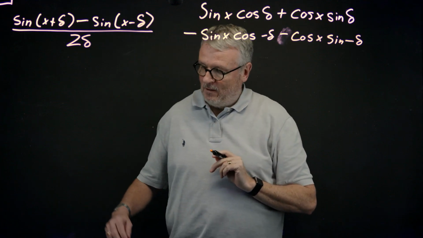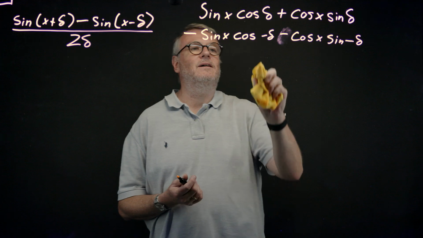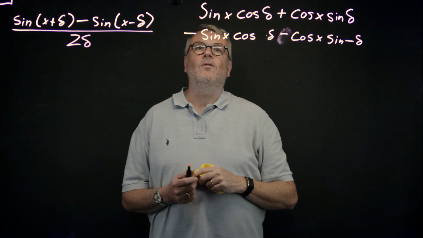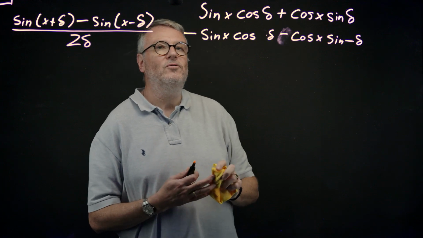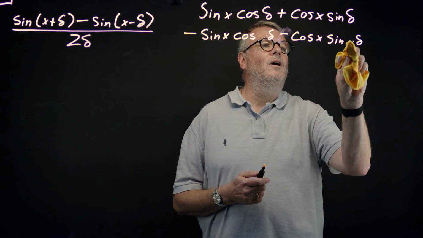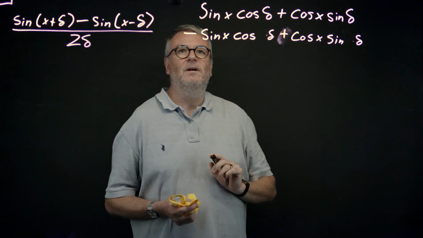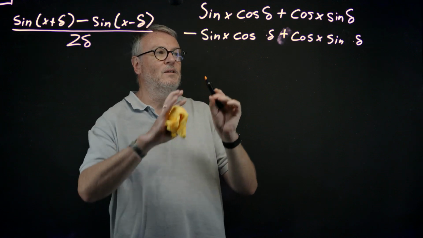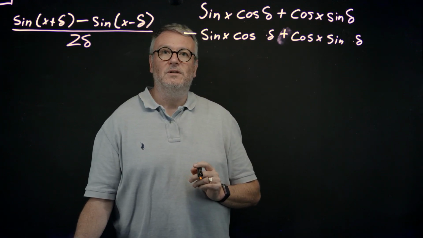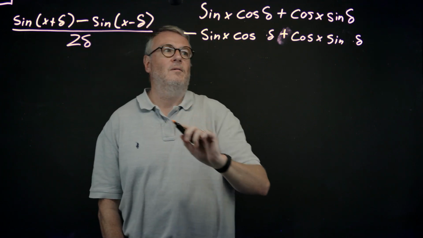Now, we know from the shape of the curves that the cosine of minus delta gives you exactly the same answer as the cosine of delta. The same is not true of sine. If you take the sine of minus delta, it gives you the negative amount. So this goes back to being a plus. So I've just used trigonometric functions that we can prove to show what this top line might look like.